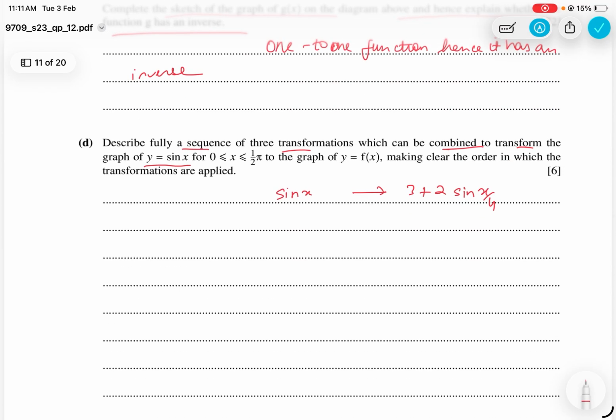Okay, so see, what is the series of three transformations? Let's start from the first one. Tell me, we always start from inside, right? So first we will stretch the function, stretch parallel to the x-axis.